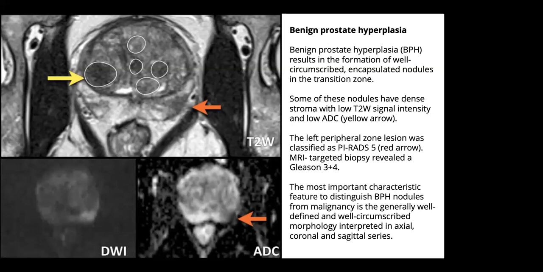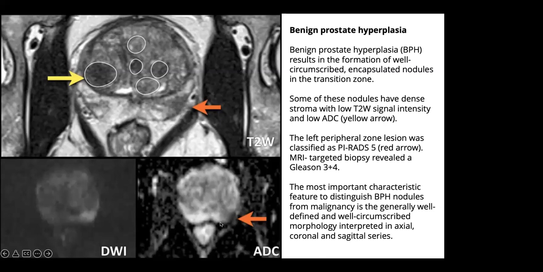Whenever we see encapsulated, well-defined lesions that have a similar appearance on T2 and ADC, they are less suspicious for malignancy, versus ill-defined lesions with uncircumscribed margins and diffusion restriction, which are suspicious. We can compare these well-defined lesions with a lesion seen on the left side in the peripheral zone.